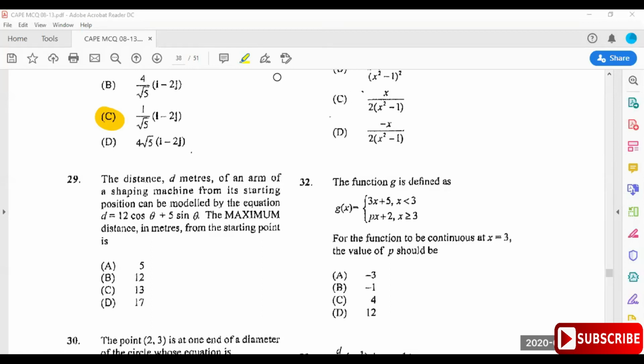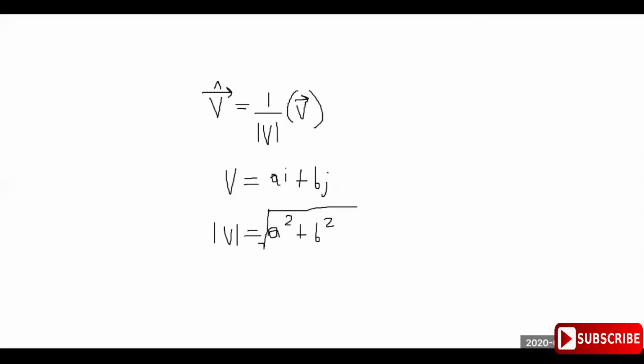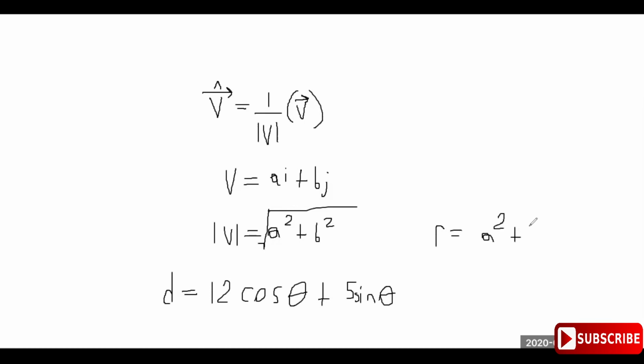The first way to do it is to write it in the r cos or the r sin form. So we have d is equal to 12 cos theta plus 5 sin theta. Remember, r is equal to a squared plus b squared, all square rooted.